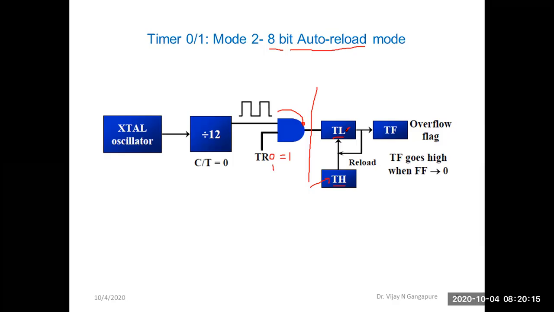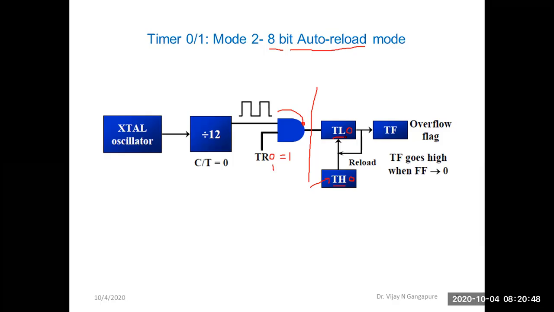Right now we are assuming timer 0, so this will be TL0 and this will be TH0. These pulses cause the count in TL0 to increment. And what is the count in TL0? When we load some count in TH0, it automatically gets loaded into TL0. So that count will start incrementing due to the pulses it is getting here. With each pulse, the count in TL0 will get incremented by 1.